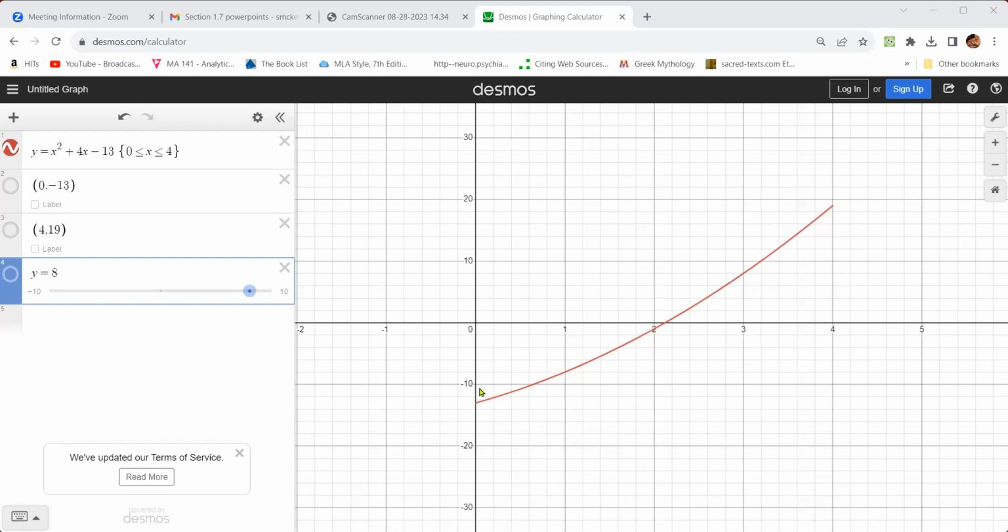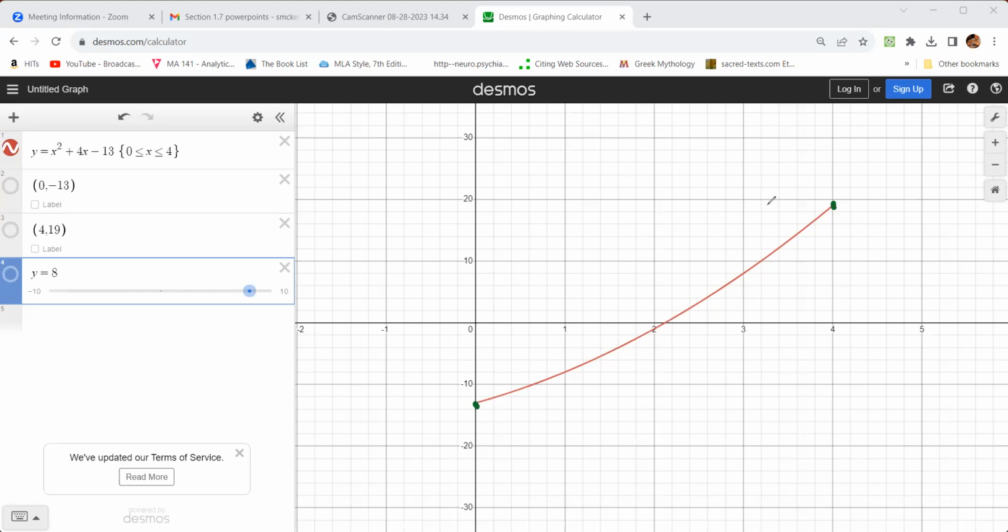Now, if you want to make this work, you have to know what my x's are. They're 0 and they're 4. Is that clear to you? So there's 0 here, right? And there's 4 here. But I also need the y value for that.